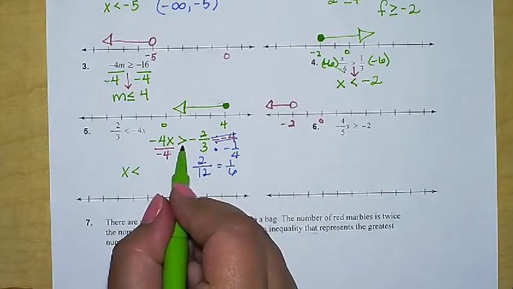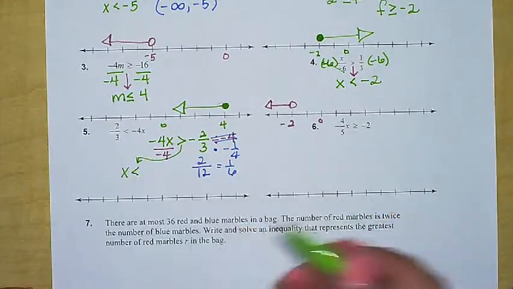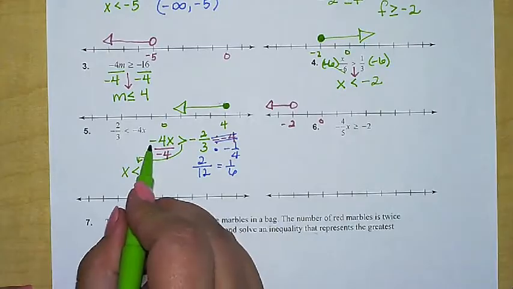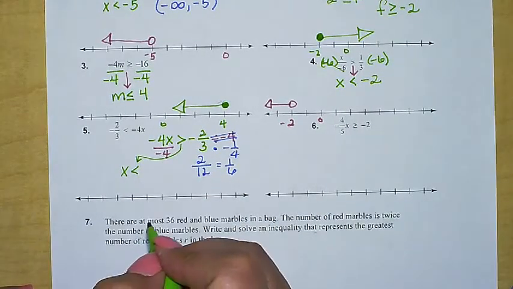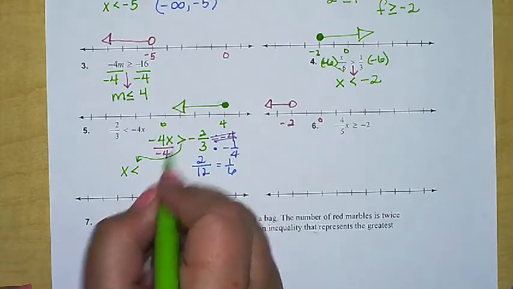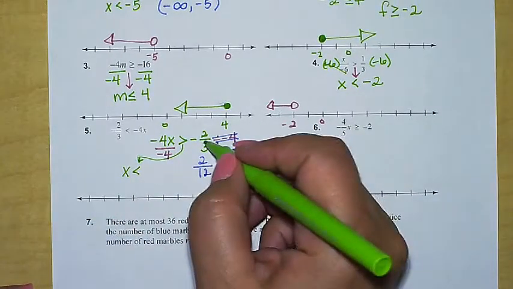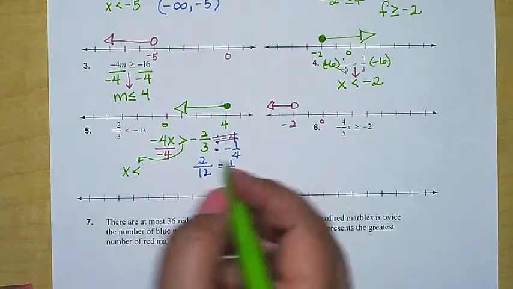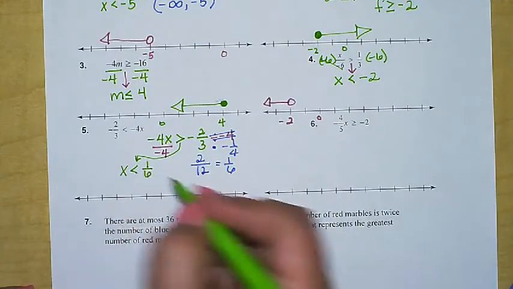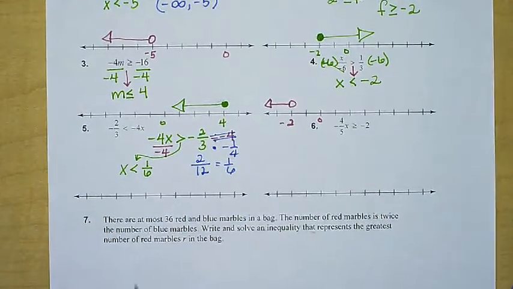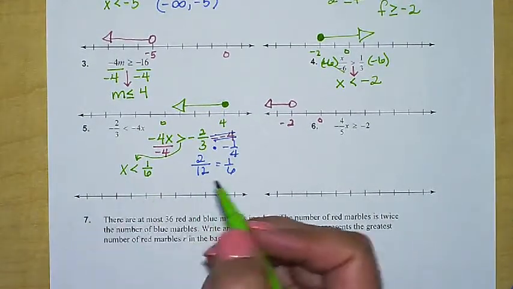I had to flip my inequality symbol because I divided by a negative on both sides. So I do have to flip my inequality. x is by itself. It is now less than. And then when I multiplied my fractions together here after doing the reciprocal, I get just 1/6. Okay. And so that is my final inequality solution.